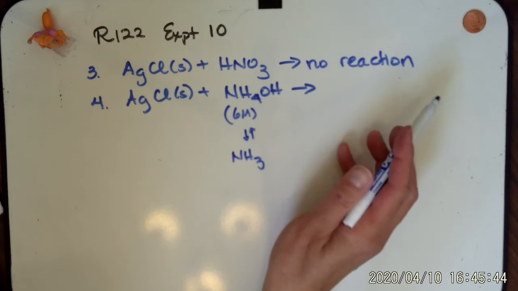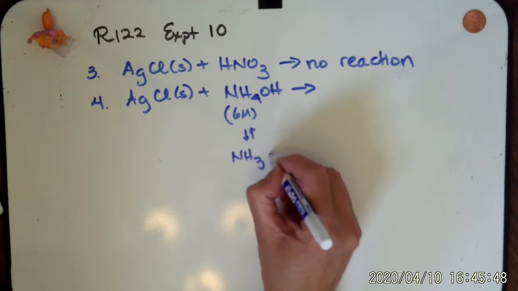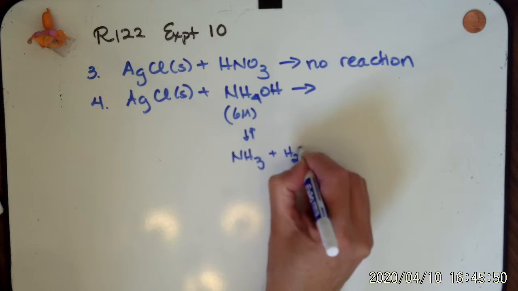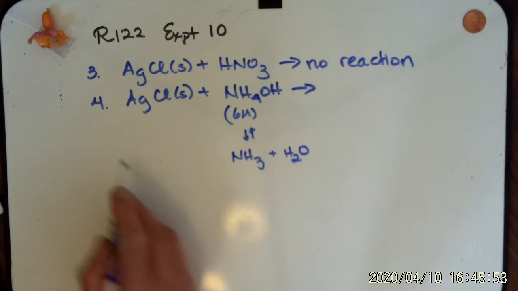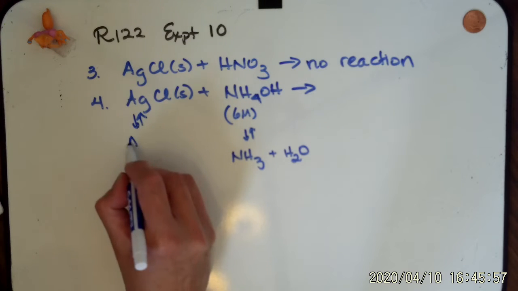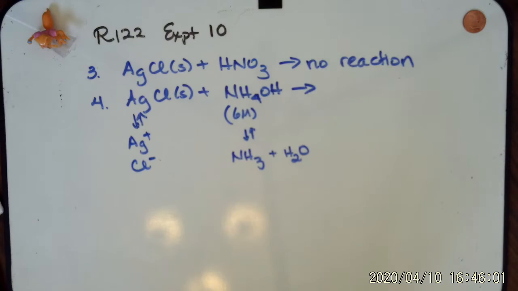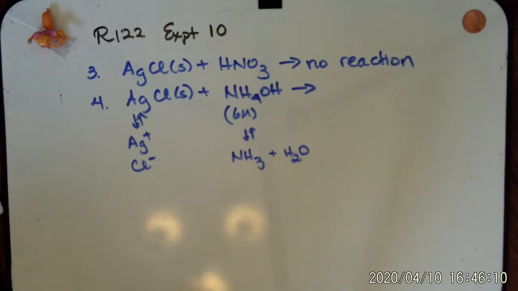Ammonium and the hydroxide, which we've done previously for number 2, and ammonia plus water. Okay? Now we know that this is in equilibrium with forming my silver ion and my chloride ion. Almost all of it's going to be as a solid, but I have a Ksp of around the order of 1.3 times 10 to the minus 10.